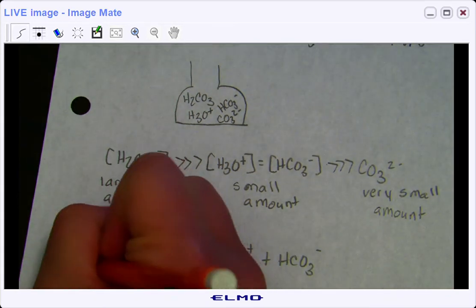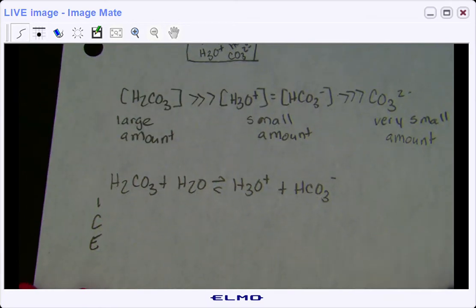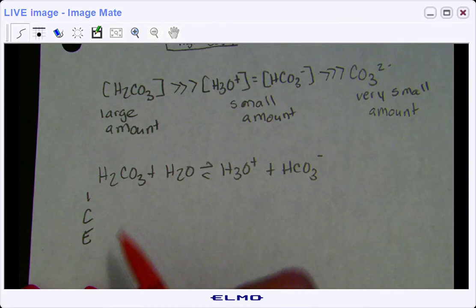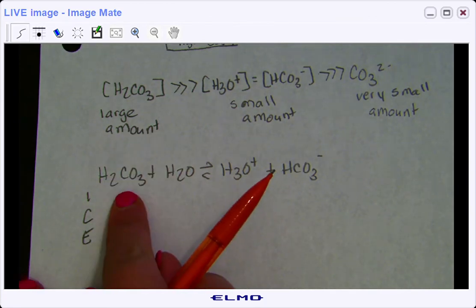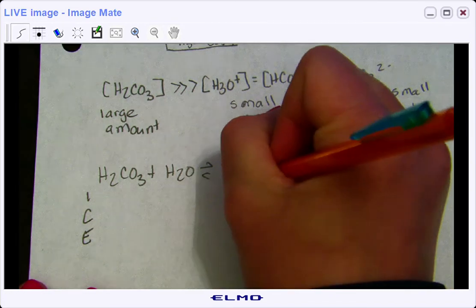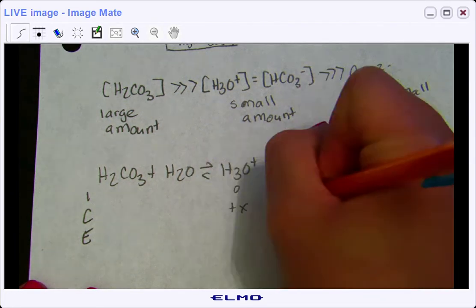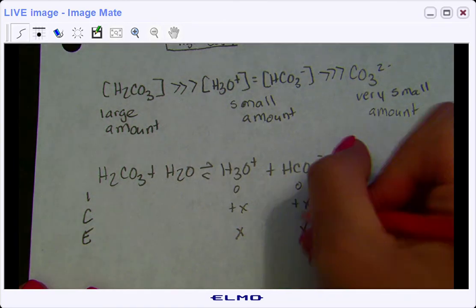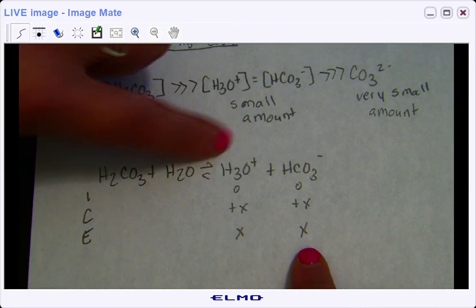When we do our ICE chart, we have our initial concentration of whatever the carbonic acid is. We have no products to begin with, but we add X. So at equilibrium, we have X for each of our two products.